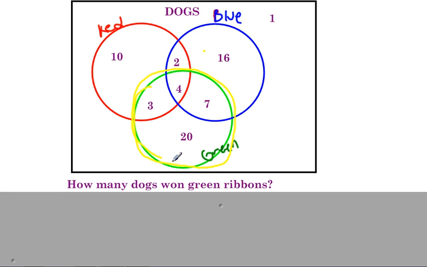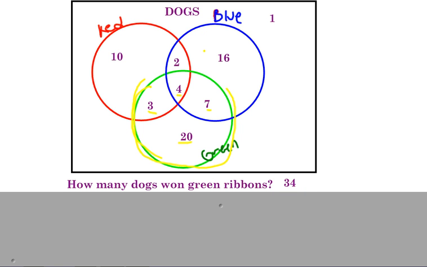This whole circle right here is green. That means any number inside the green circle won a green ribbon. So you have the 20, the 7, 4, and the 3. So 27 plus 3 is 30, plus 4 is 34. So a total of 34 dogs won a green ribbon.